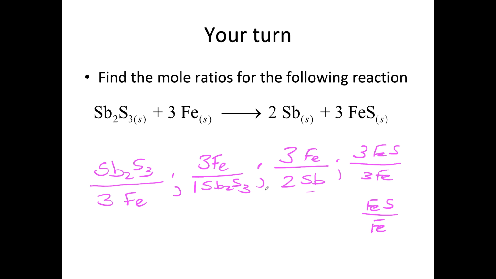And if you write this another way, come on, pen, where'd you go? If we come down here, we have Sb2S3 is equal to 2 Sb. In this reaction, this forms this, or Sb2S3 is equal to 3 Fe.